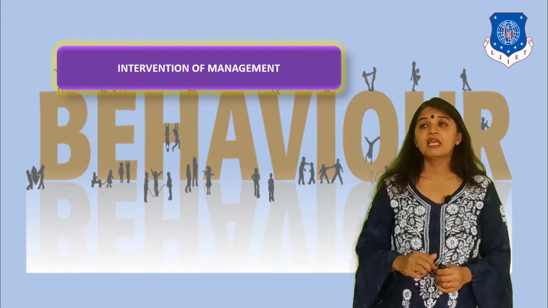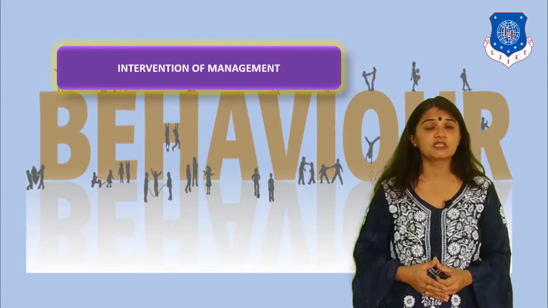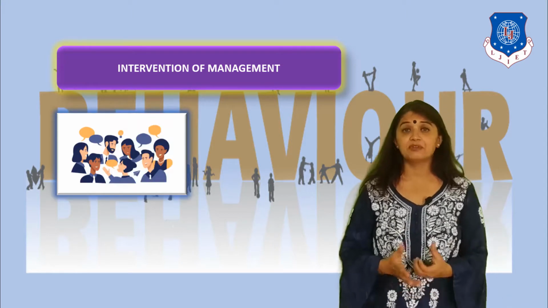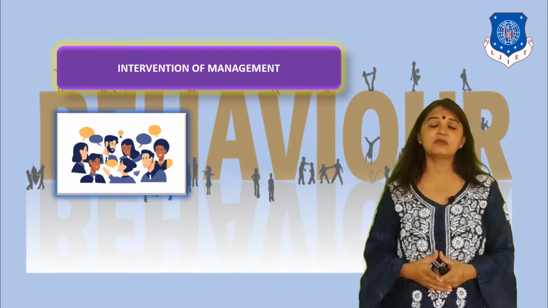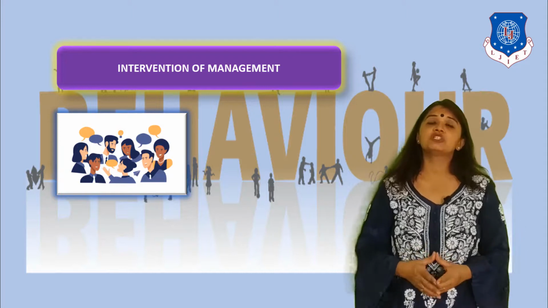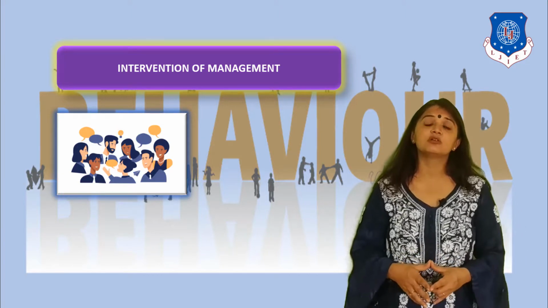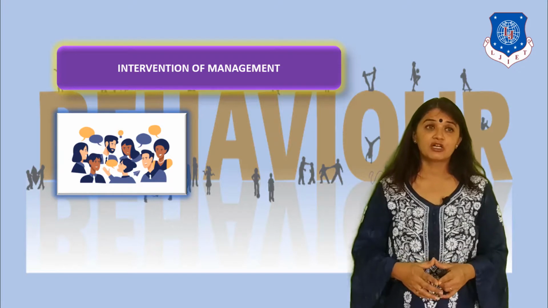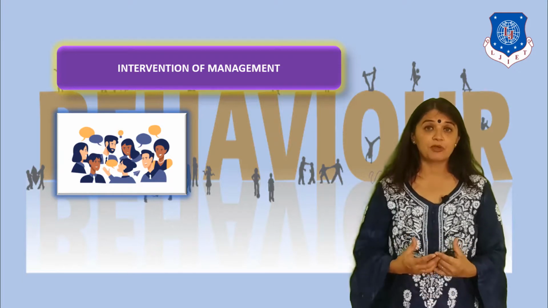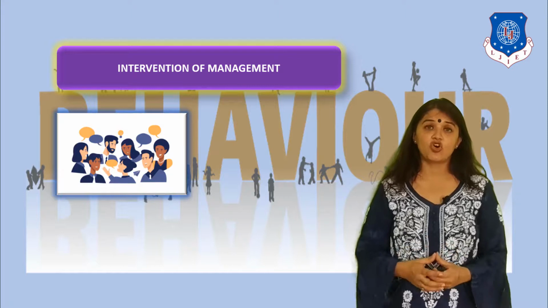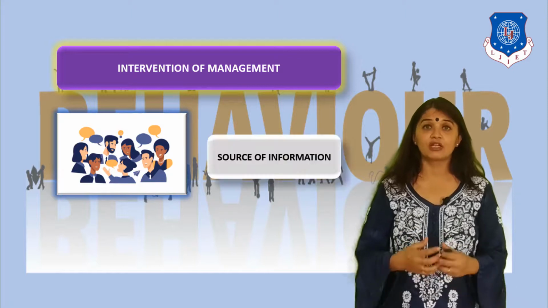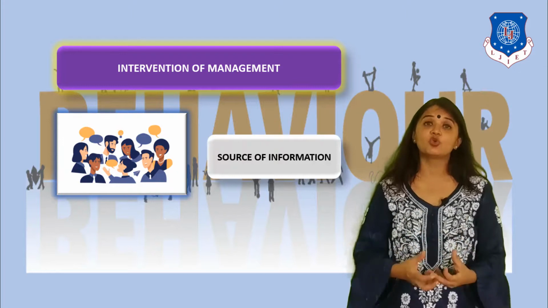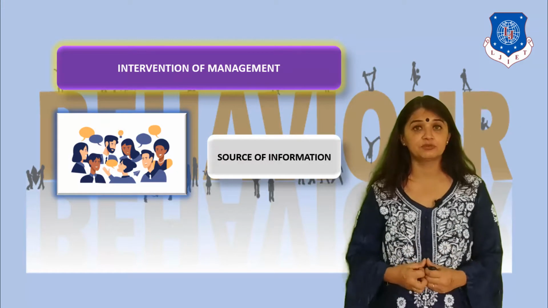So firstly, if we talk about rumors and gossip, definitely it wastes everyone's time, it reduces productivity. But at the same time, organizations do consider rumors and gossip as healthy in terms of information, because such grapevines or informal networks in the organization are a good source of information for the management.